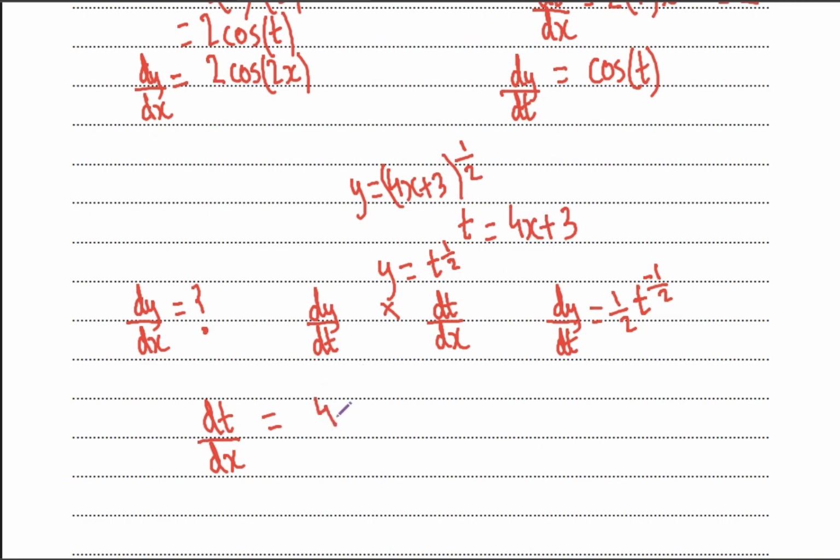That's 4 times 1 times x to the power 0, which is just 1, plus 3 times 0, x to the power 0 minus 1. Well, this cancels out, of course, and you're left with just 4. Well, now we know what to do.